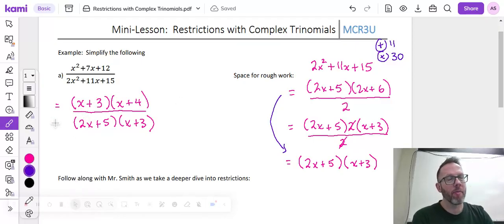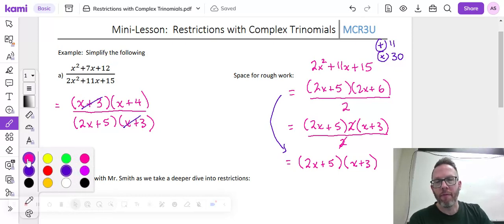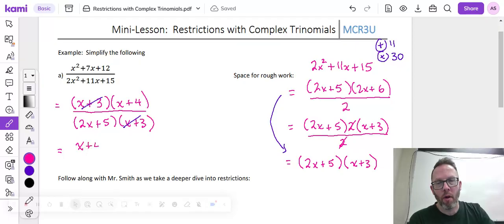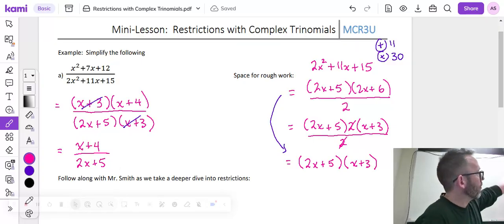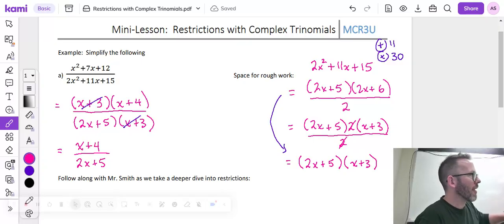If you have a similar factor on the top and bottom, they divide to 1, and you can simplify things a little bit. So we get x plus 4 over 2x plus 5.